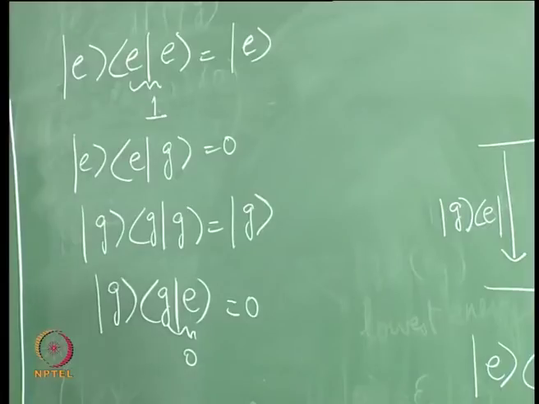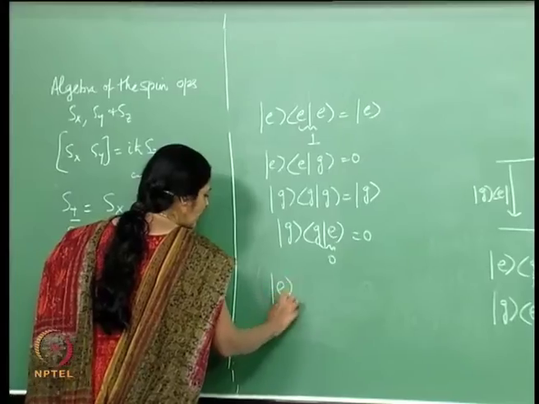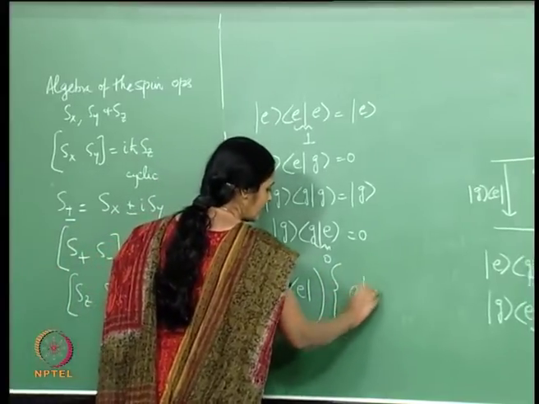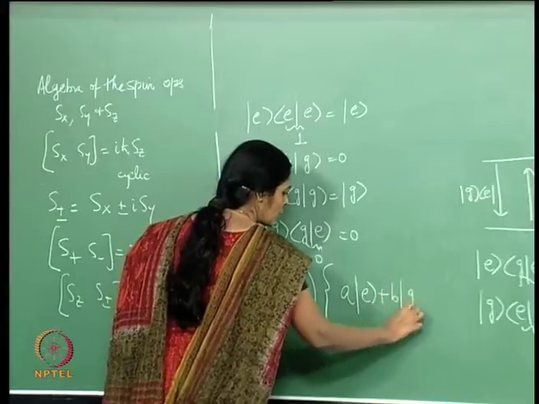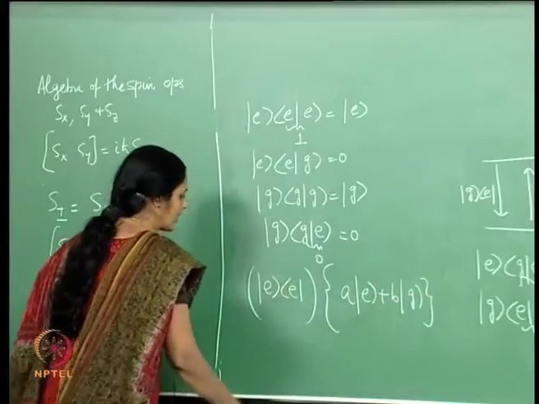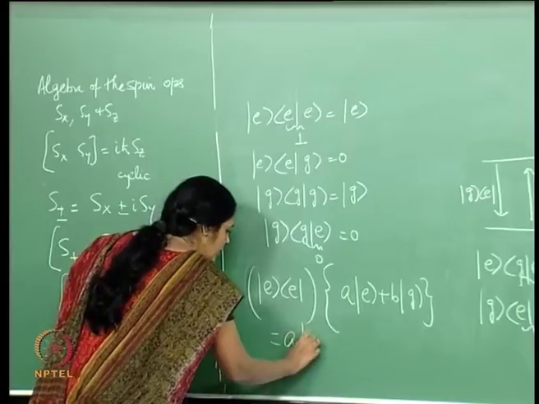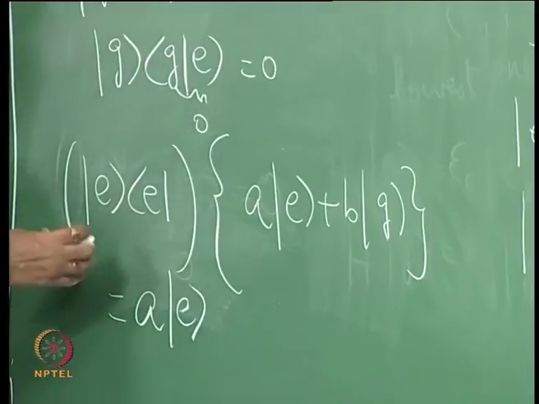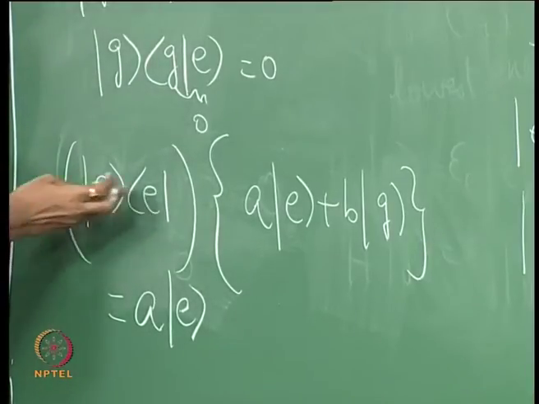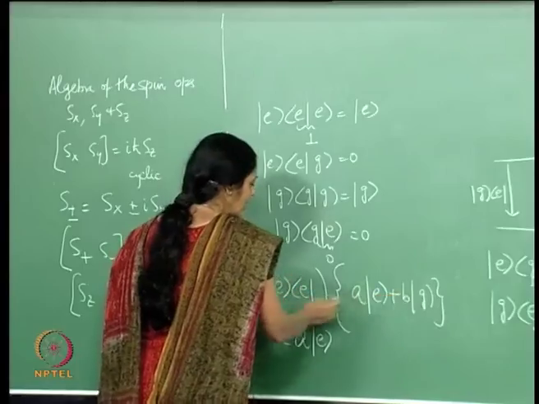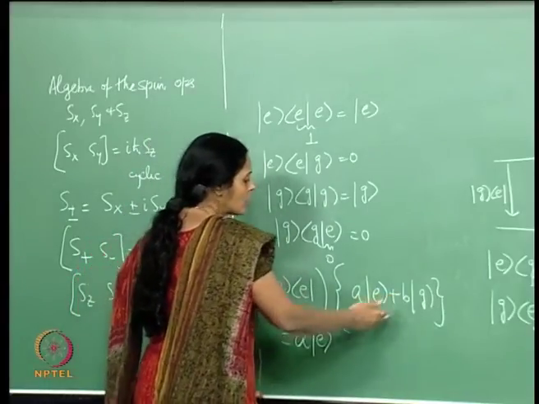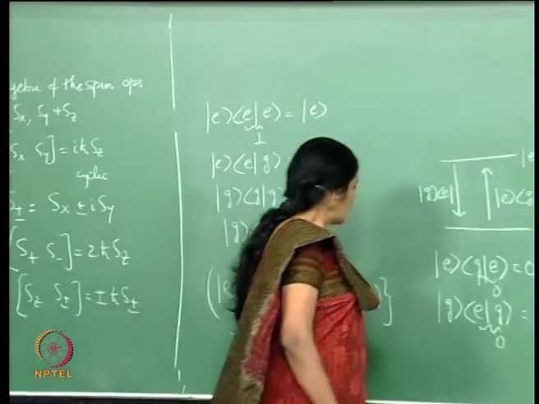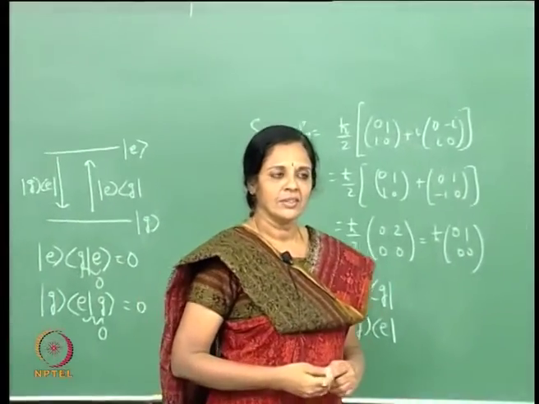Now from this, it is evident that when the operator |e⟩⟨e| acts on a generic ket which represents a vector in the linear vector space, it simply gives me a ket e. Similarly, if I replace all the e's by g's, the operator |g⟩⟨g| would simply project out the component of the state in the direction of the basis vector g.